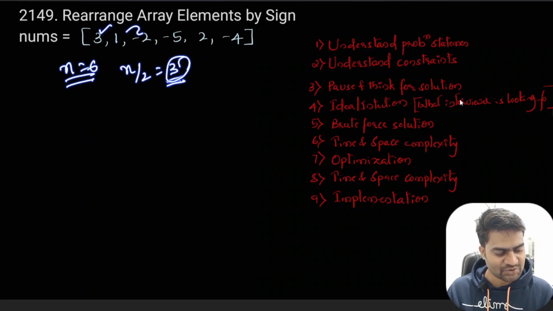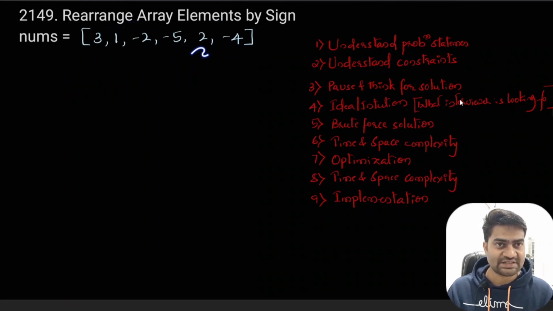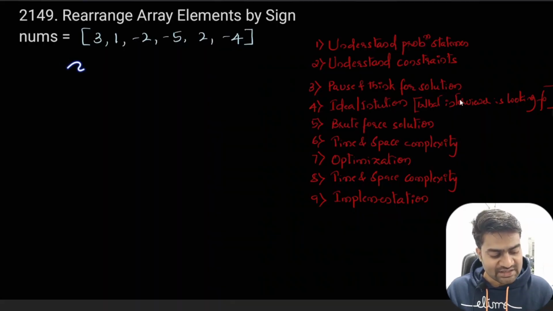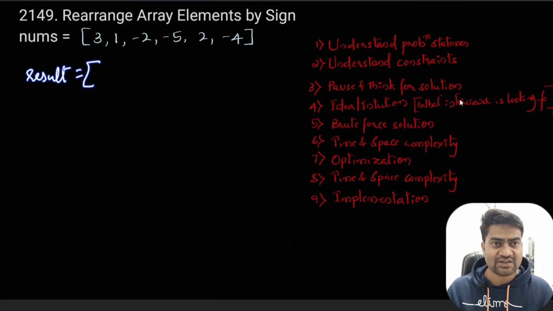So if you see, this is positive, and this is positive, and this is negative, this is negative, this is negative. So there are exactly 3 positive numbers and 3 negative numbers. Then what we need to do is start the result array like this. It should start with a positive number, so I will take 3 first, then it should be followed by a negative number, so minus 2.